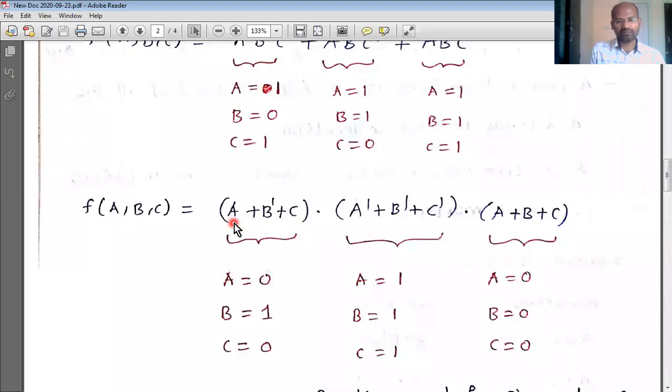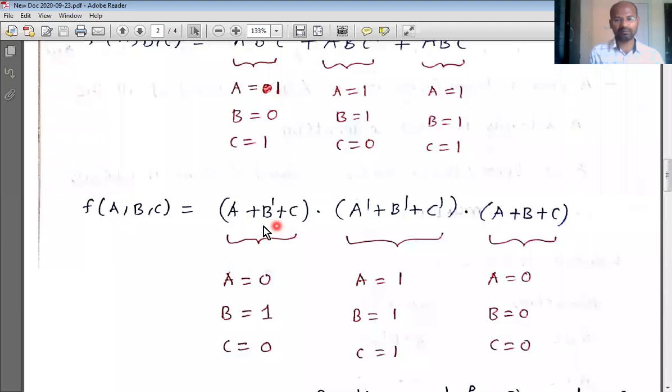Since a is 1, 1 plus anything is 1 according to our operation definition. So this max term will have a 0 only for this particular input combination. For all other 7 combinations, it will have a value 1.